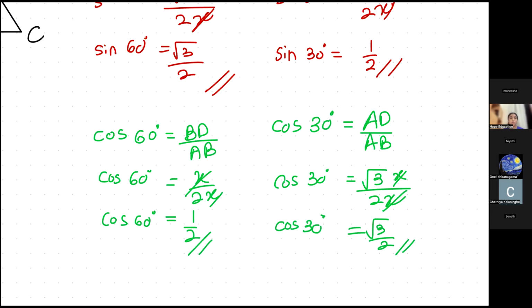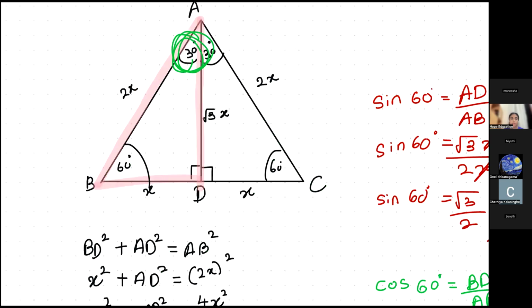All right, let's move on to the next one. Tan. Tan 60, you know tan means opposite side over adjacent side. What is the opposite side to 60? AD. What is the adjacent side? BD.